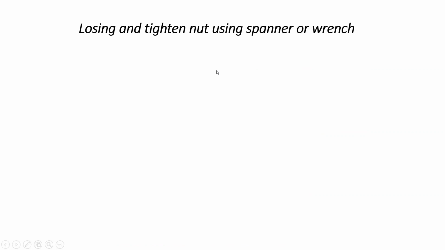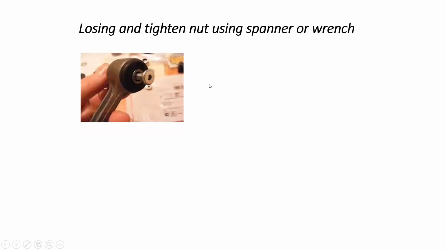Loosening or tightening a nut using a spanner or a wrench is also an example of a moment or a turning effect. Using a wrench or a spanner, you apply a force, like here, where there is a nut. You apply a force, so you rotate the spanner clockwise or anti-clockwise.